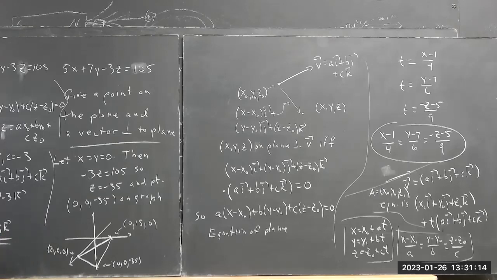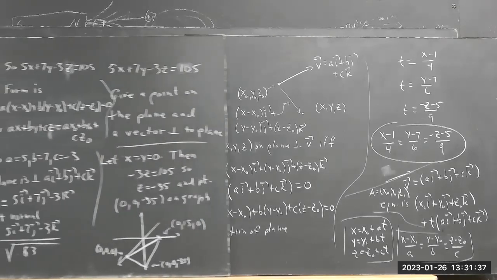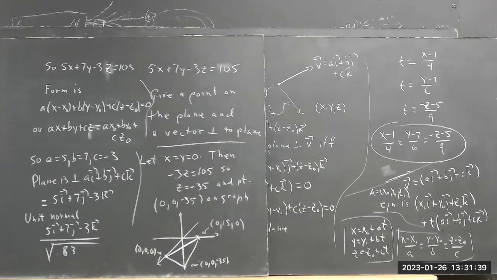Say that's 25 and 49 is 74, 9 is 83. Okay. And that's just the magnitude of the stuff. It's root 83, a little over 9. Okay. That makes sense.